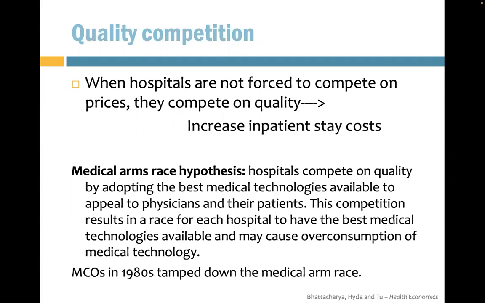The medical arms race hypothesis speaks to that: hospitals compete on quality by adopting the best medical technologies available to appeal to physicians and their patients. This competition results in a race for each hospital to have the best medical technologies, and this may cause overconsumption instead of the most efficient, cost-effective solutions for healthcare. MCOs in the 1980s tamped down the medical arms race.